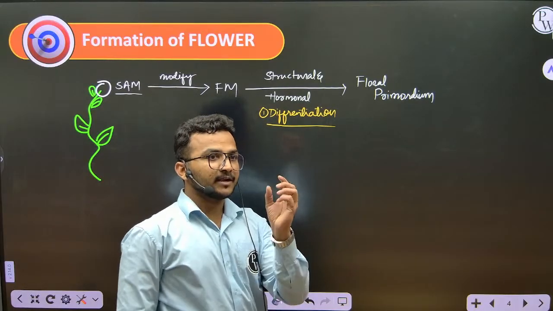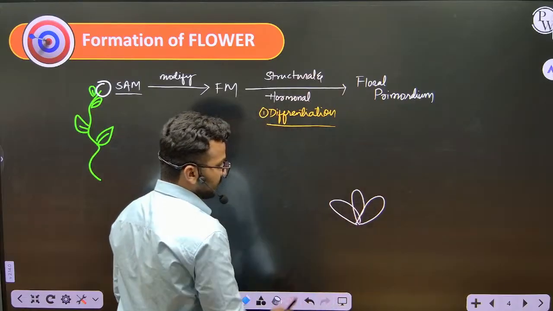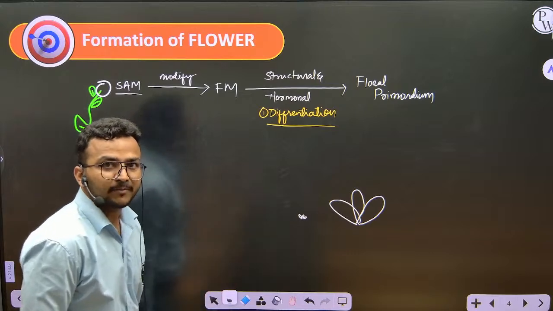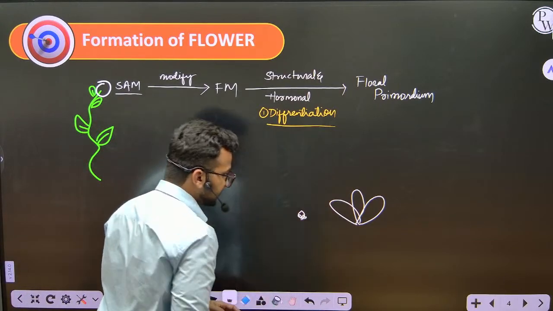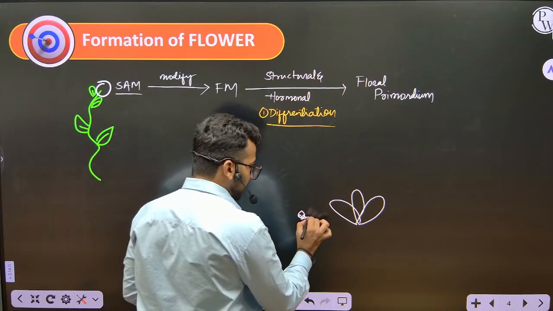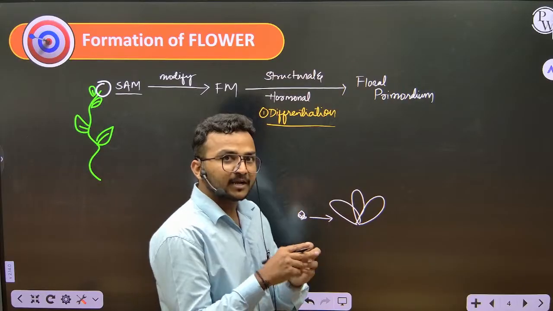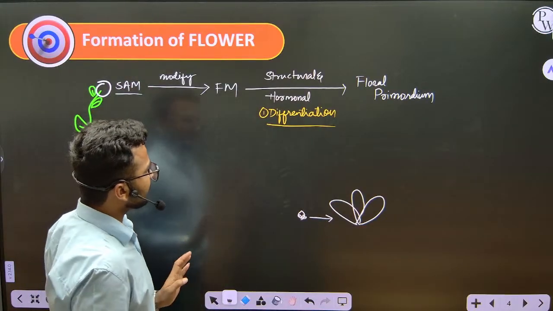So if a flower is going to form, very colorful like this big one, before that it will be like this. It is the floral primordium, which is not yet formed, still in the bud stage. This floral primordium will bloom and become a flower later. So this is how the formation of flower takes place.